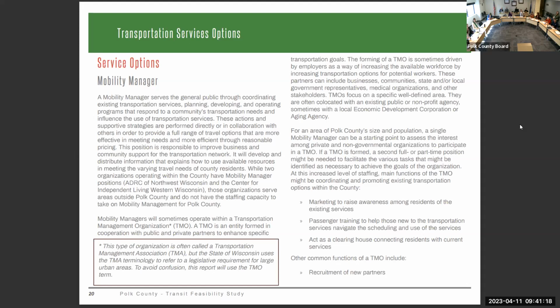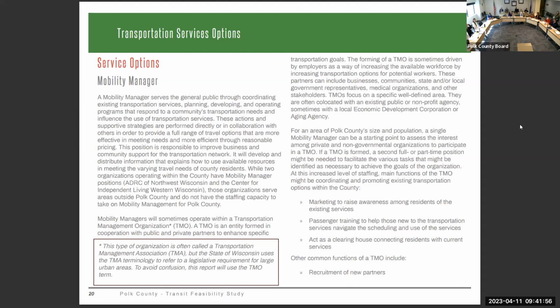Those can be funded by, and often are funded by, a mix of large healthcare providers, employers, public revenue, county support or other local support. Sometimes specific cities, even within county-wide or regional-wide, are contributors to make sure that their residents have the best transportation resources available. So that's a step beyond just a mobility manager.